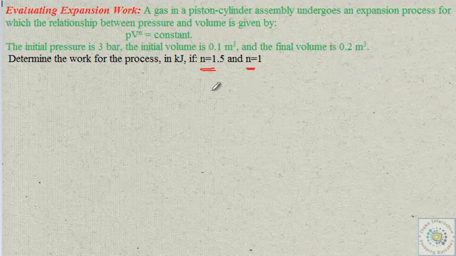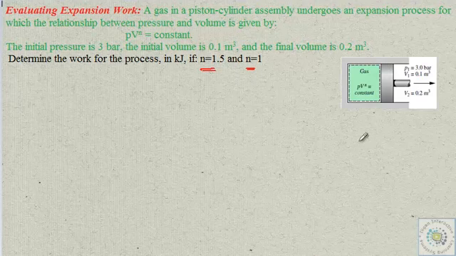So let me just sketch here a rough version of the problem. The gas is inside this piston-cylinder, where we have the piston that the gas will push so that it could expand, which means the gas does work on the surroundings, since the gas is the one pushing the piston out.